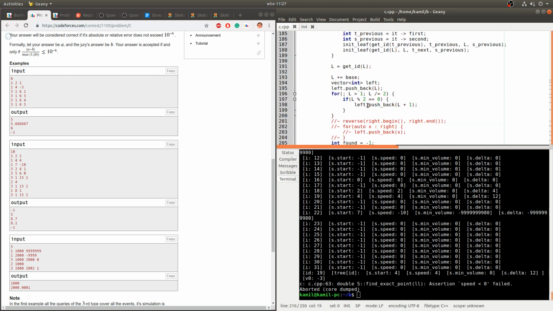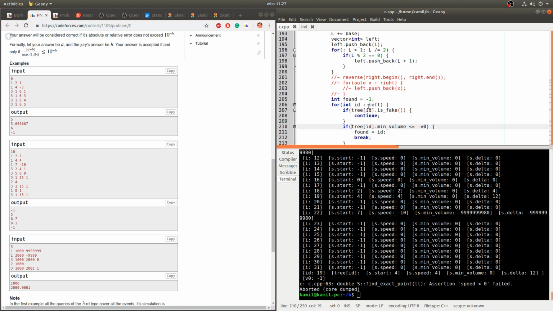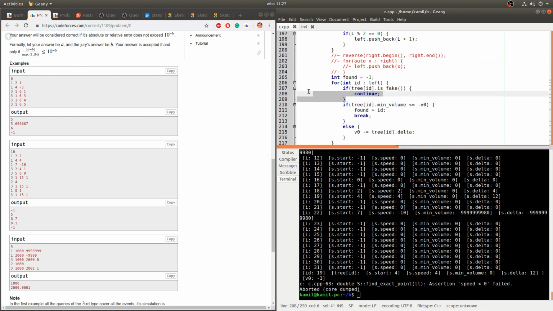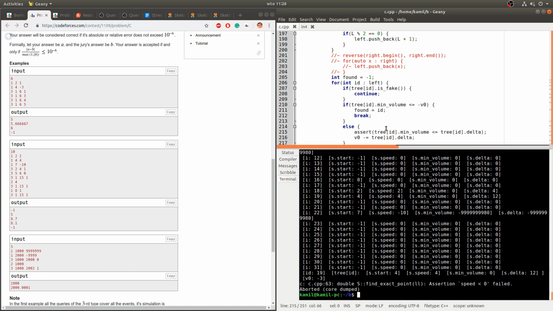Okay, left, if is fake, continue. If min volume smaller than this, then do that. Otherwise here let's as well assert tree of id min volume smaller equal tree of id delta. I don't see how v0 could get negative.